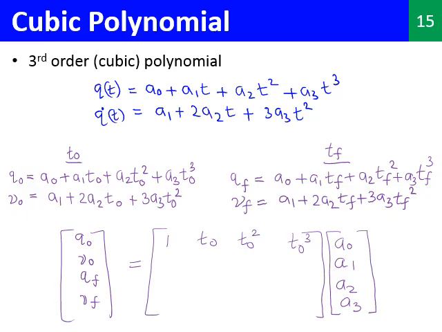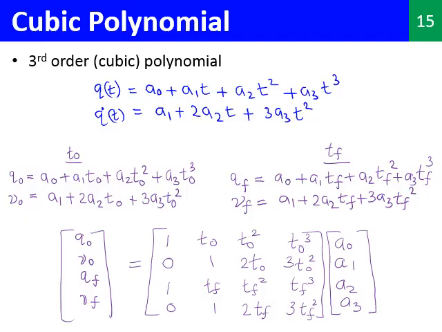In the second row we have 0, 1, 2 t0 and 3 t0 squared, and for the third row we would have 1, tf, tf squared, tf cube, and finally we have 0, 1, 2 tf and 3 tf squared.